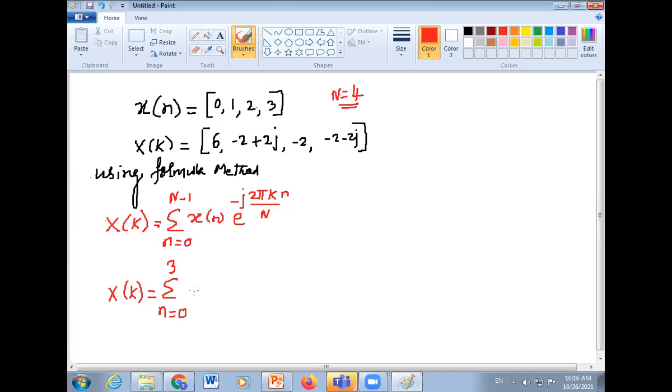So this is x of n into e power minus j 2 pi k n divided by 4. Have you understood this part? Yes, sir.